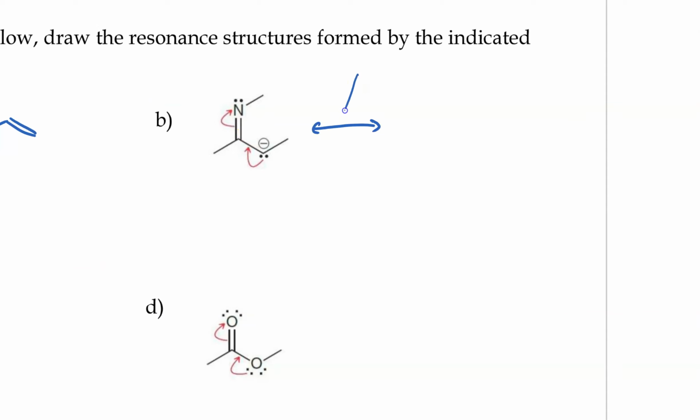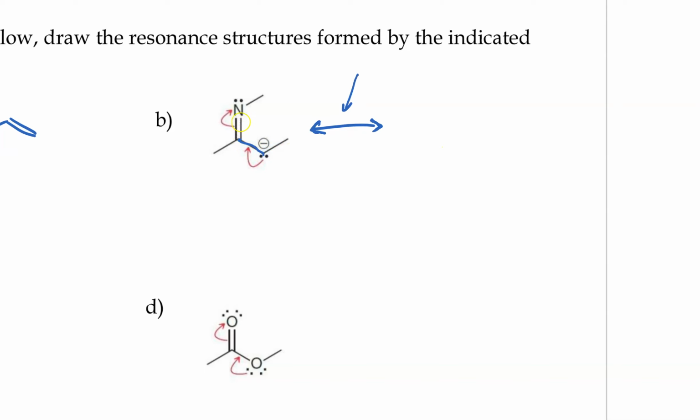And again, make sure you use this double-headed arrow right here, because anytime we draw resonance structures, we have to use this double arrow. And this double-headed arrow means that the two structures on the left and on the right of this arrow are resonance structures. So when we follow through, we'll see that there will be a double bond produced between these two carbons.